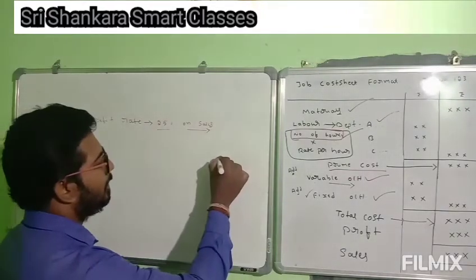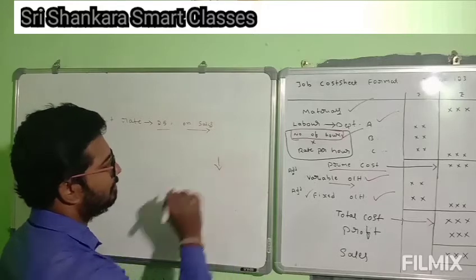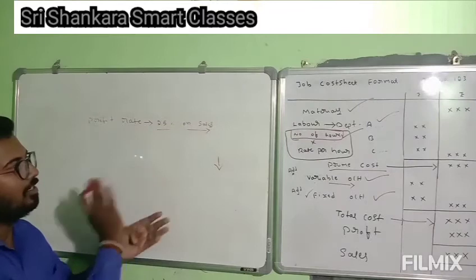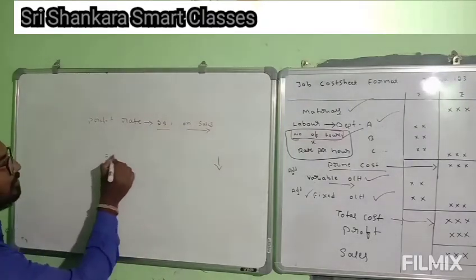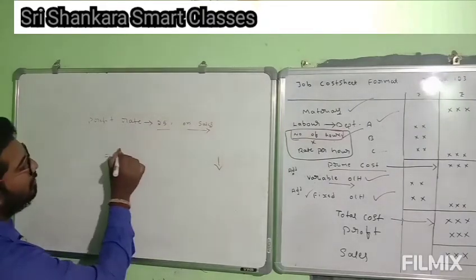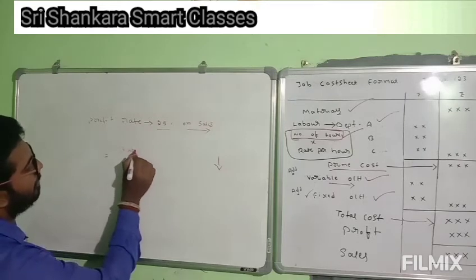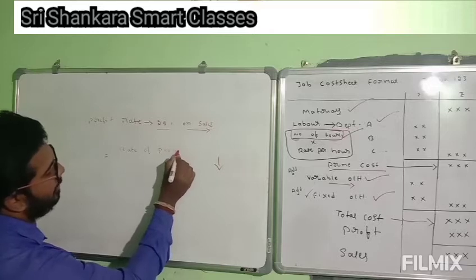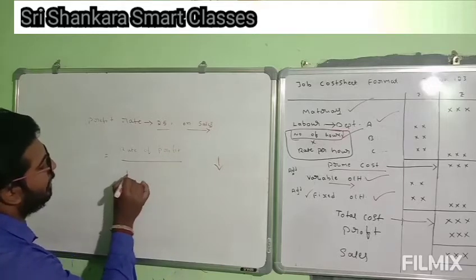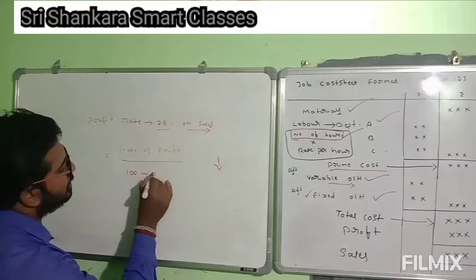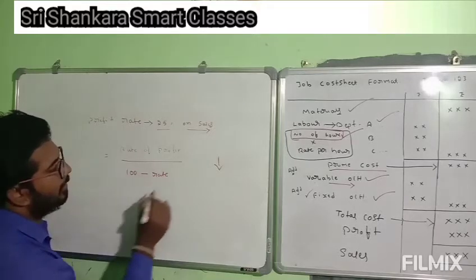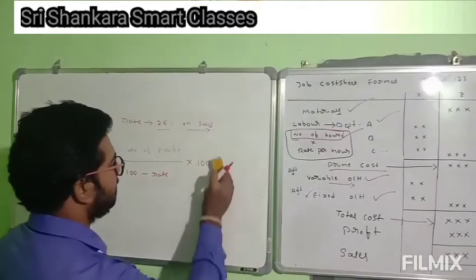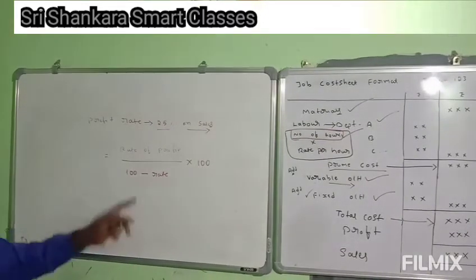So it's a backward calculation. We're going back from sales to the cost. At that time you can use the formula: rate of profit divided by 100 minus rate, into 100. Remember, very simple.